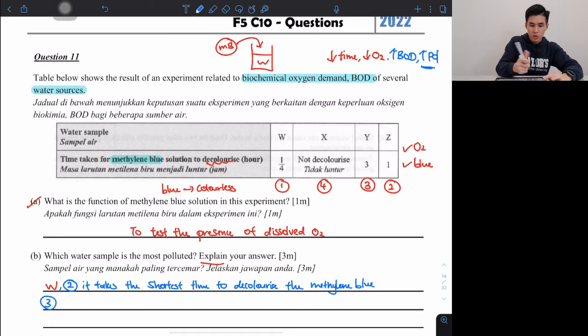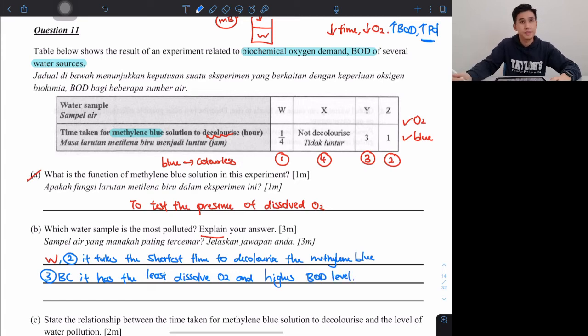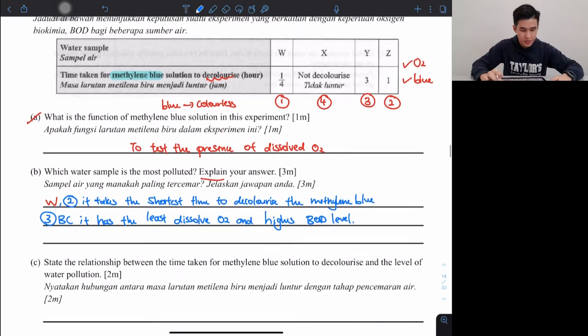So why? Because it has the least dissolved oxygen and highest BOD level. Got it? Then next one. Very easy, 2 marks question.